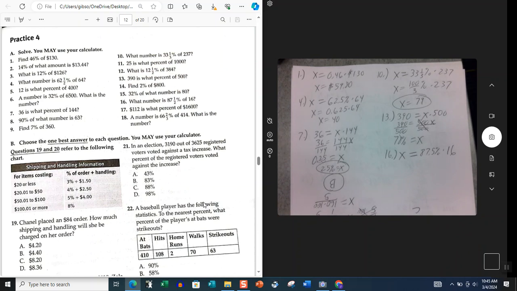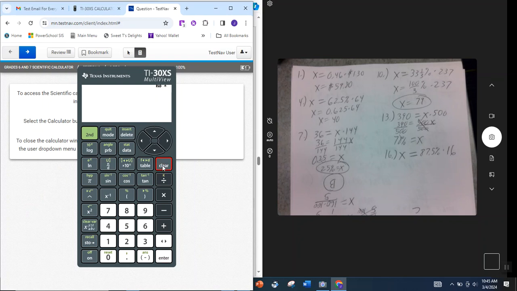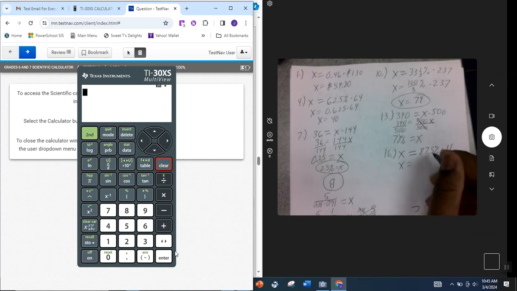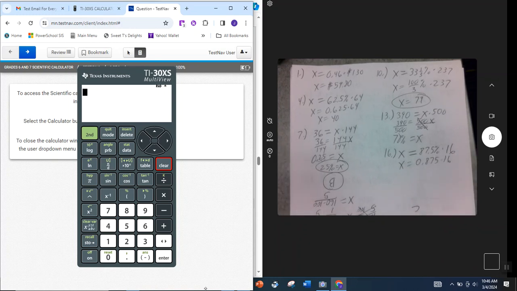Okay, so now we'll put this in our calculator. Well, first, let's just rewrite this as a decimal. This would be x is equal to 0.875 times 16. So we can multiply that out. 0.875 times 16. That gives us 14.